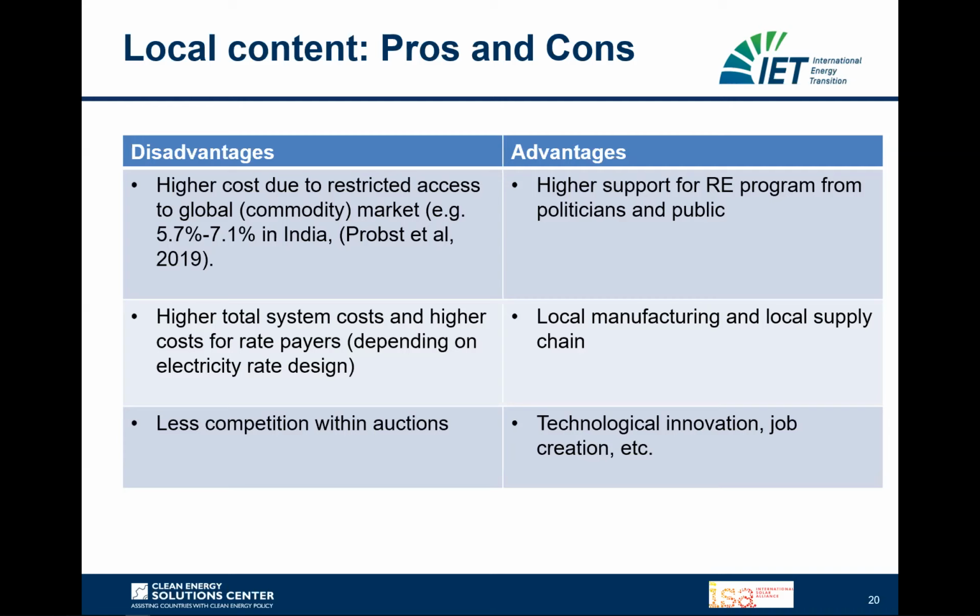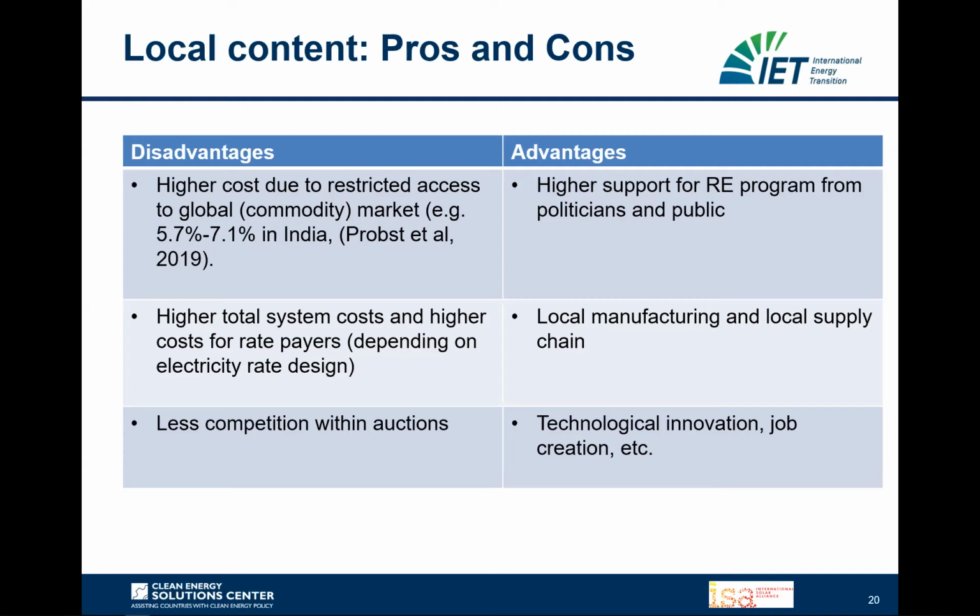So this is already giving you an interesting indication of what type of price increases you can expect by implementing some of the local content requirements. Of course, this depends largely also on the share of local content that you're expecting to be realized. But as an initial indication, I think this is a quite useful number.